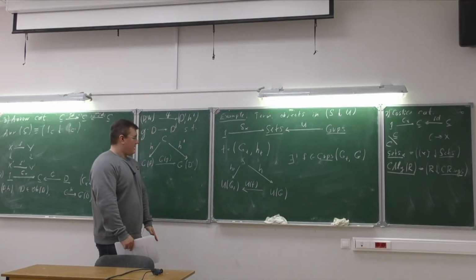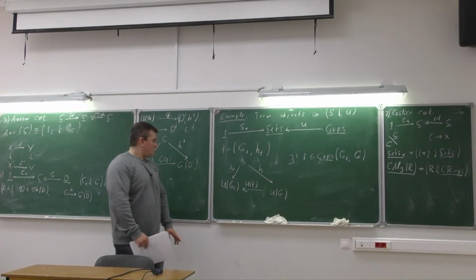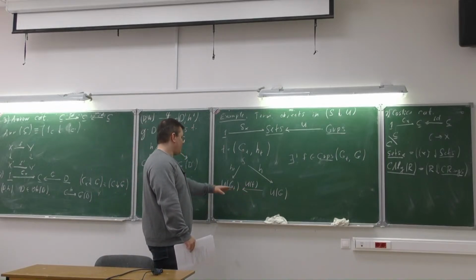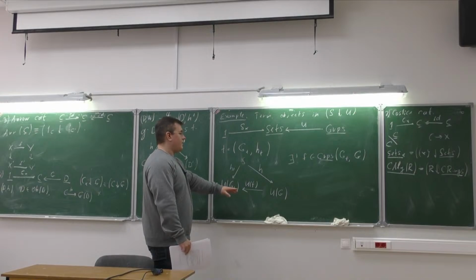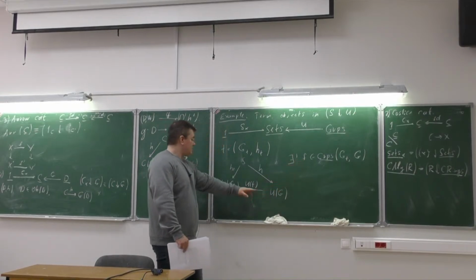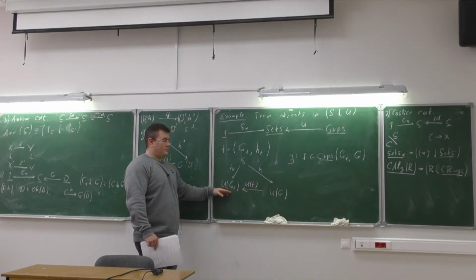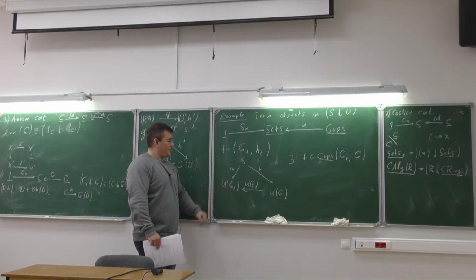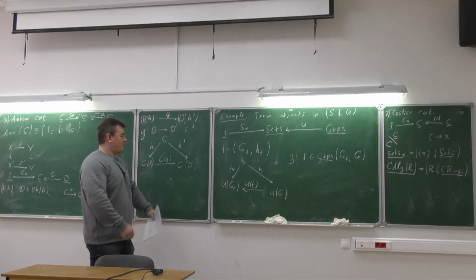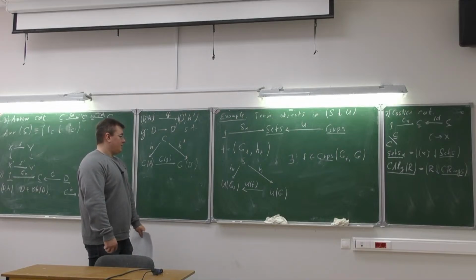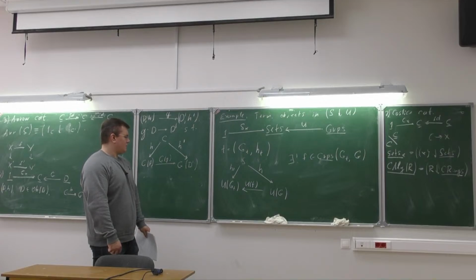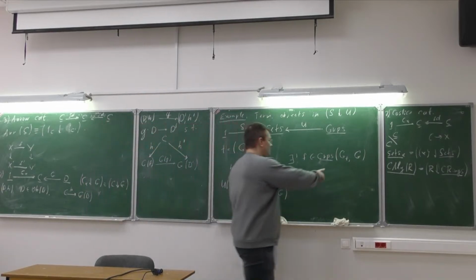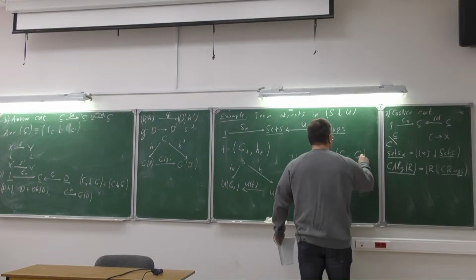For any such map, you can find a map F such that this arrow here is unique. T is in the wrong position. T is supposed to be here.